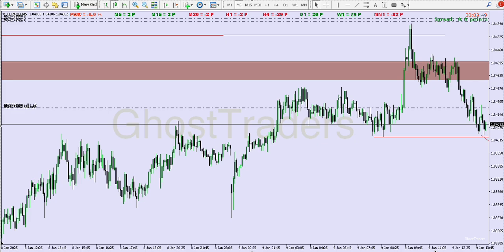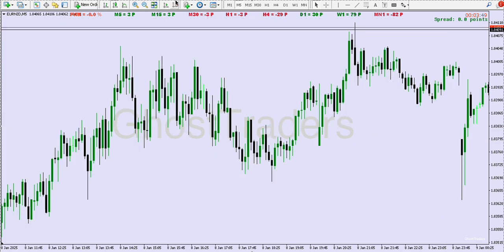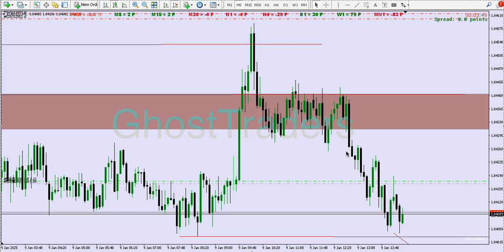So one thing that I did here when I was making the re-entry, I was looking at this, because I caught it late as I was busy with gold. So basically this is the reason why I made my entry.